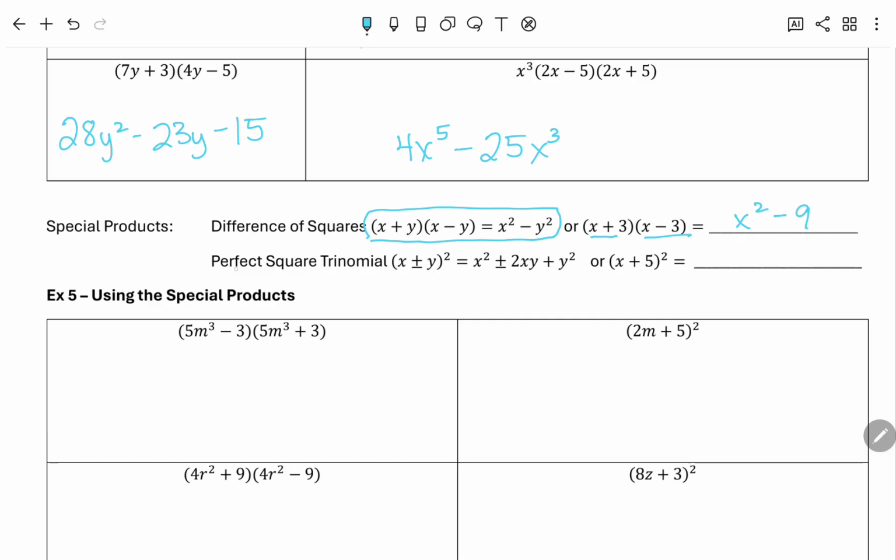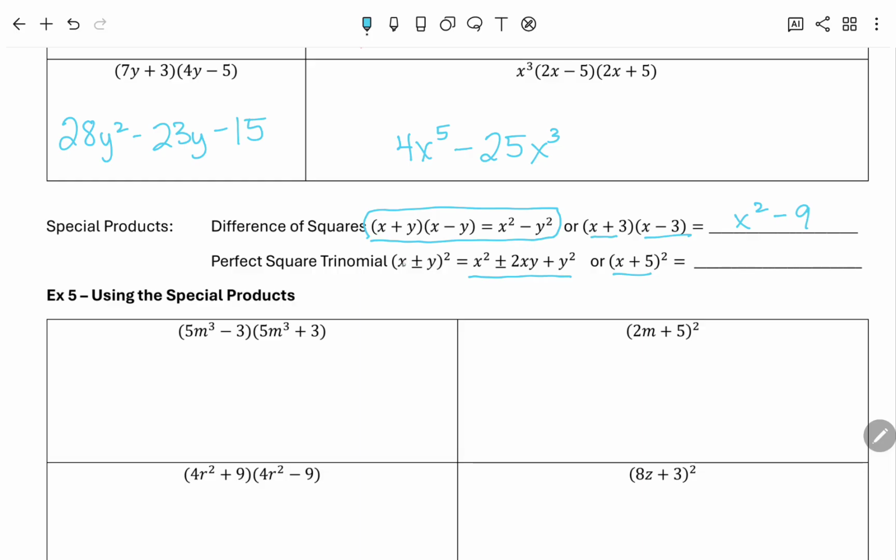All right, then something else we want to recognize is perfect square trinomials. So anytime we have the same quantity that's being squared by itself, then it's always going to follow this pattern right here. And I don't want you to get tripped up, I was just trying to save some space with this.